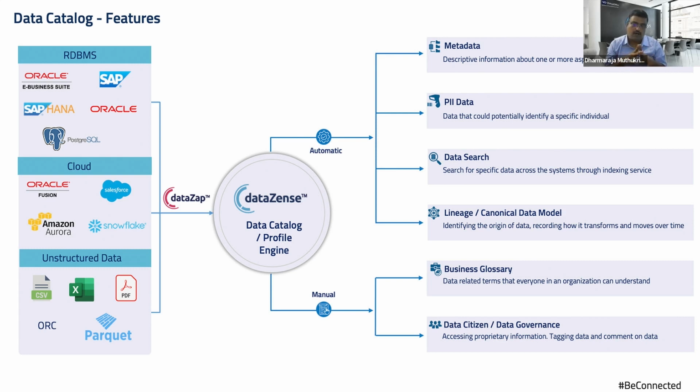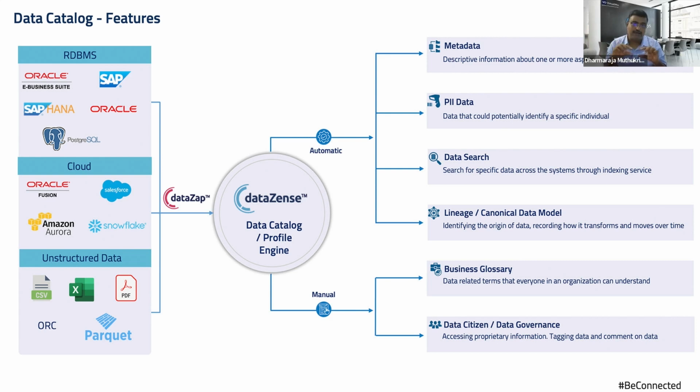And finally, in the automatic process, there is the lineage and the canonical data model. The process of lineage is that when we profile different systems, we capture the lineage. The lineage gives you clear information of the source endpoint, source table, and source table column, and it is automatically mapped to the target endpoint, target table name, and target column.